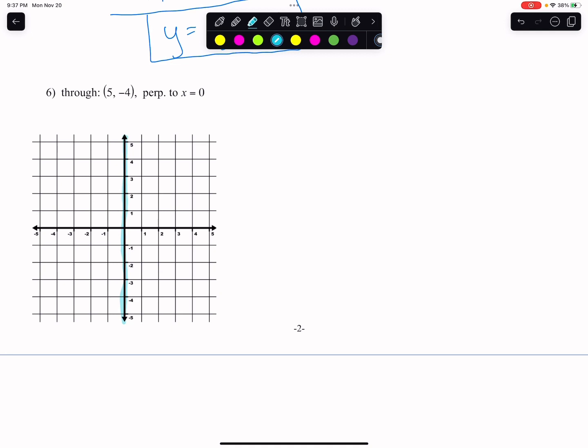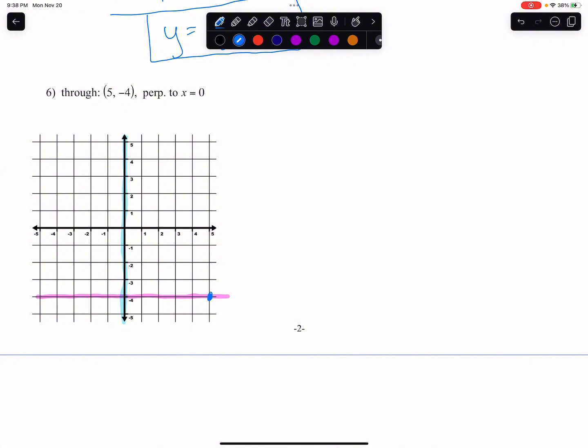But now we need it to go through 5, negative 4. But instead of being parallel, we need it to be perpendicular. So because of that, we need it to do this. We got to figure out what the equation of that pink line is.